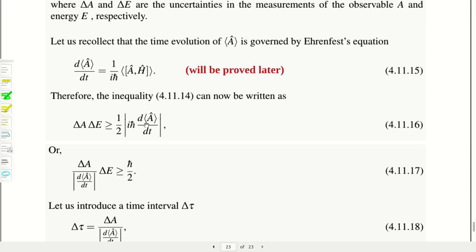And if you divide by dA/dt into the left hand side, the right hand side will be h cut by 2, because there is a mod, so i will be cancelled, so h cut by 2 in the right hand side.